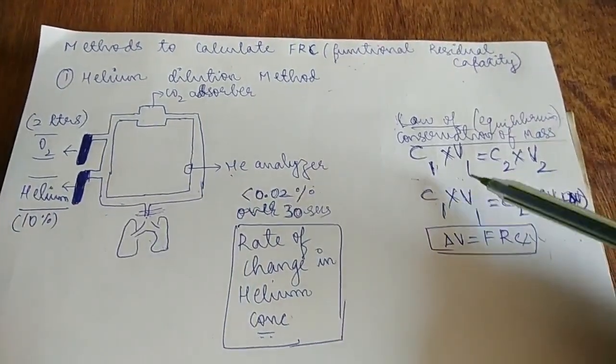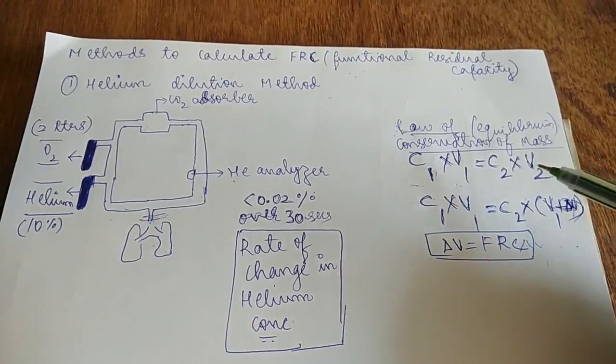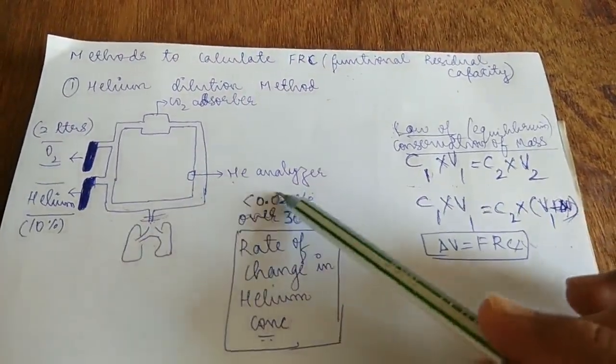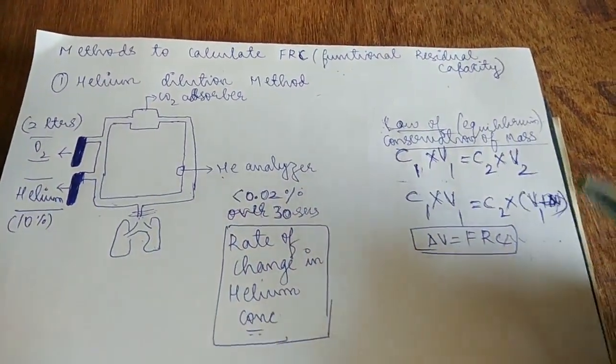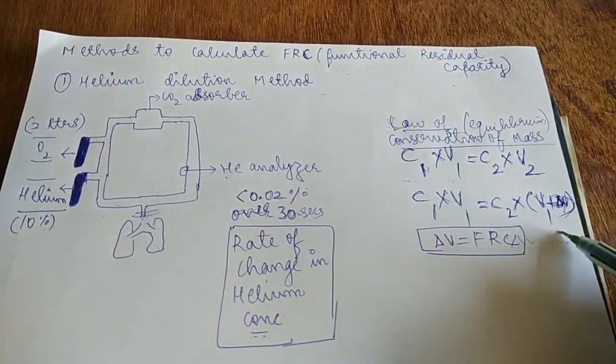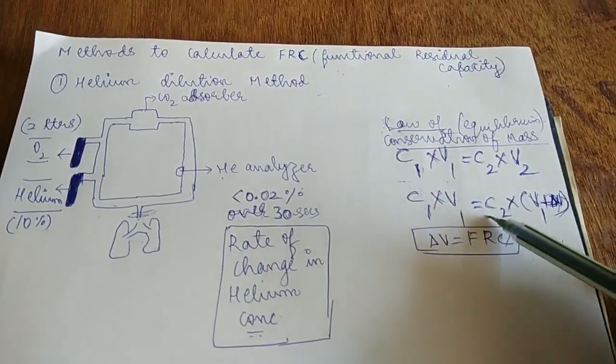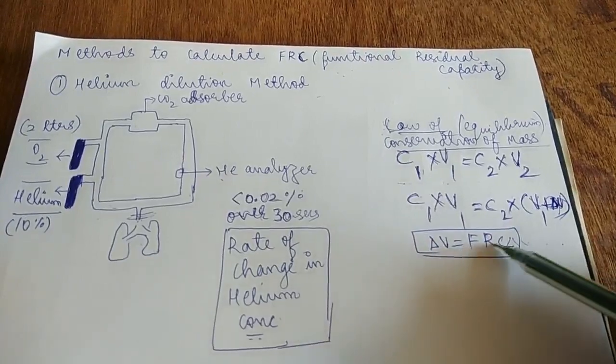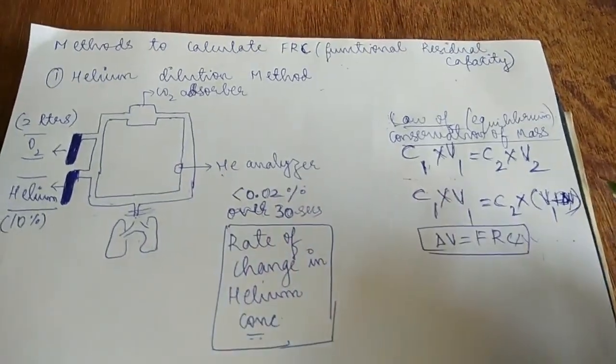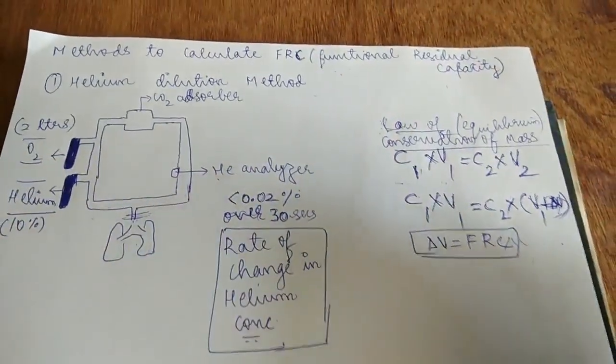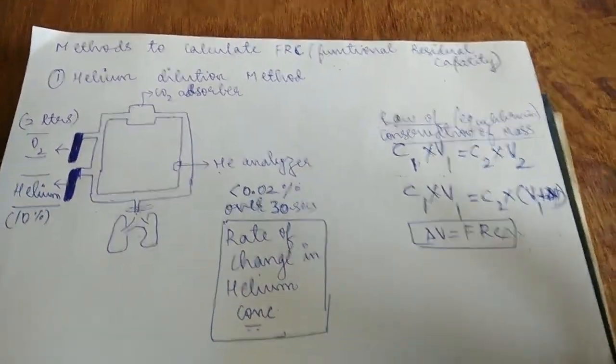We know C1, we know V1. We calculate C2 by the helium analyzer. V2 is V1 plus delta V. By substituting C1, V1, C2 and V1, we get the delta V, that is the functional residual capacity. This is how we calculate FRC by the helium dilution method.